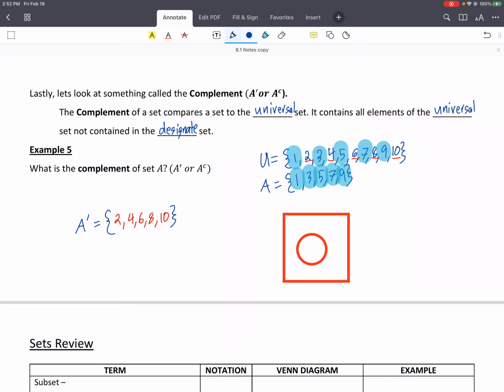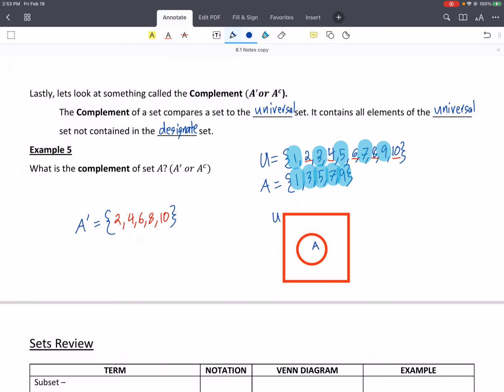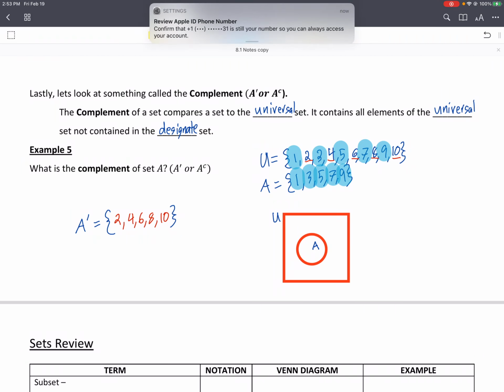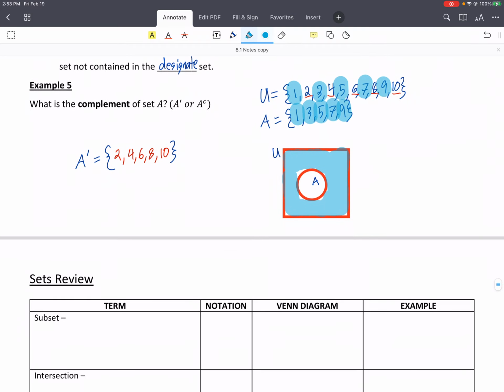So if we were to say this big rectangle is U and the little one is A, we're wanting everything in U that's not in A, so our shading would be everything around A. I know I'm kind of hitting it, but it's everything around A. Okay? All right.